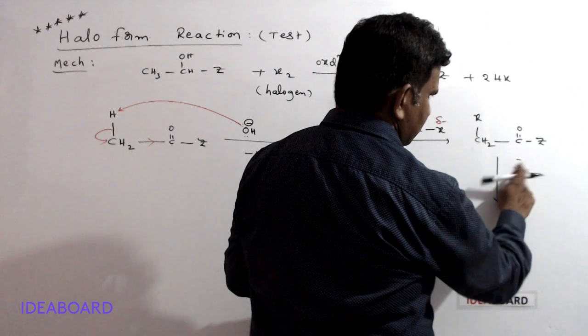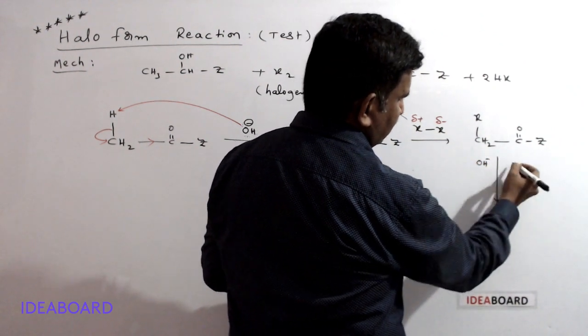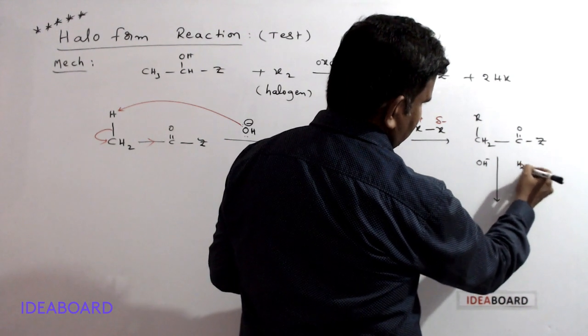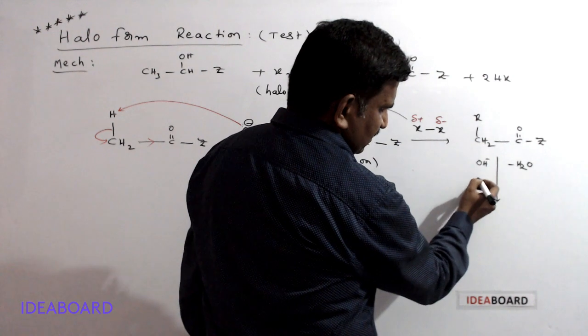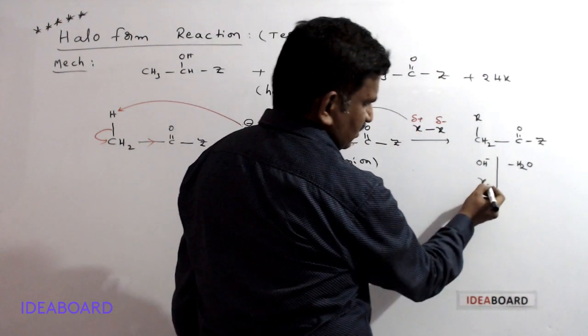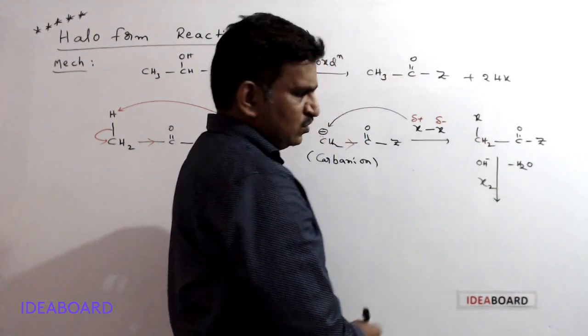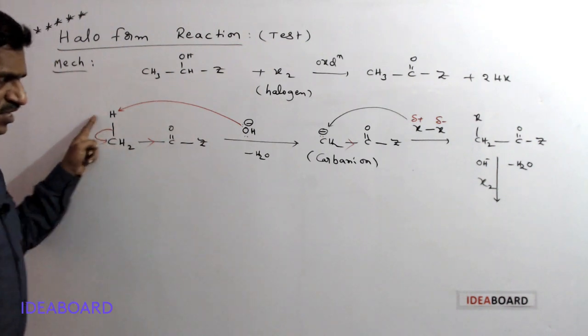So I will write here one attacking group is OH minus. Because of OH minus, what is formed? H2O elimination occurs. And what is the next attacking group? Yes, the two halogen atoms, that is X2, will attack. So first OH minus attacks and hydrogen is eliminated.